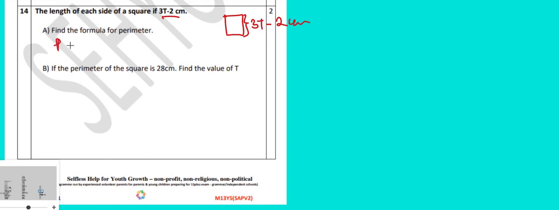The formula for the perimeter is P is equal to 4a, where a denotes the side. Therefore in place of a, we put this right here, making P equal to 4 into 3t minus 2 centimeters.